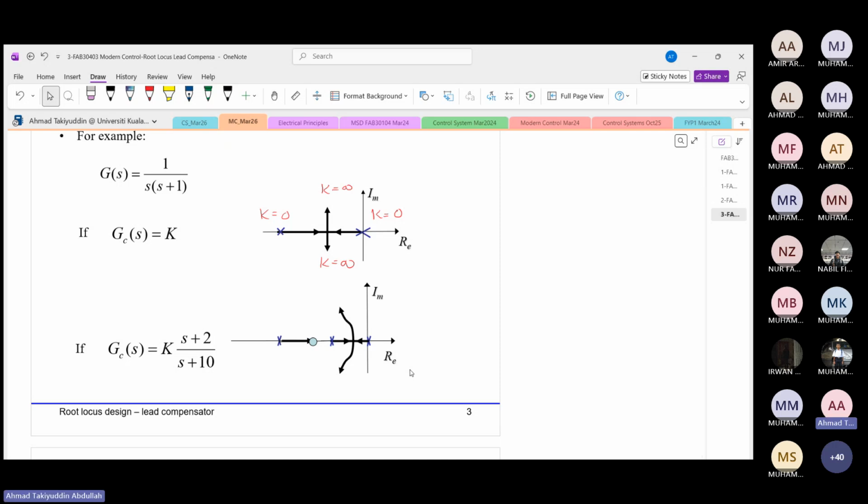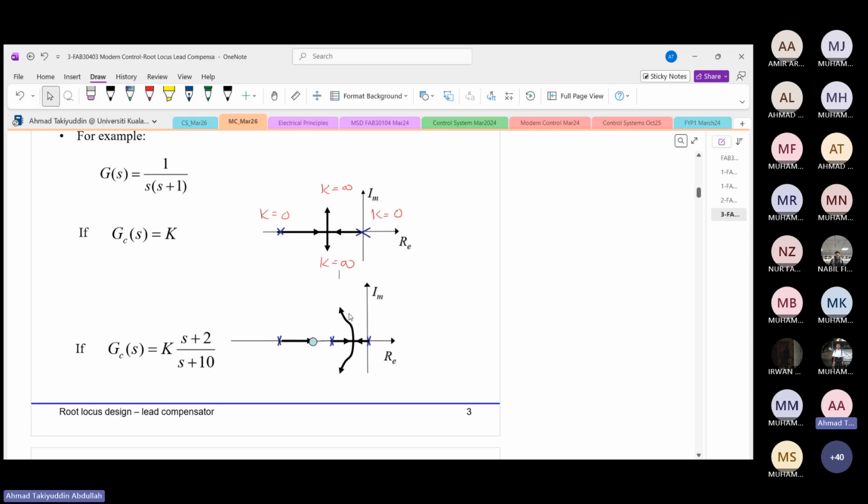Yeah, one way to understand this S-plane is that the plot for the root locus will be far away from the vertical line, or the imaginary axis. So it means that there will be an improvement on the original system.